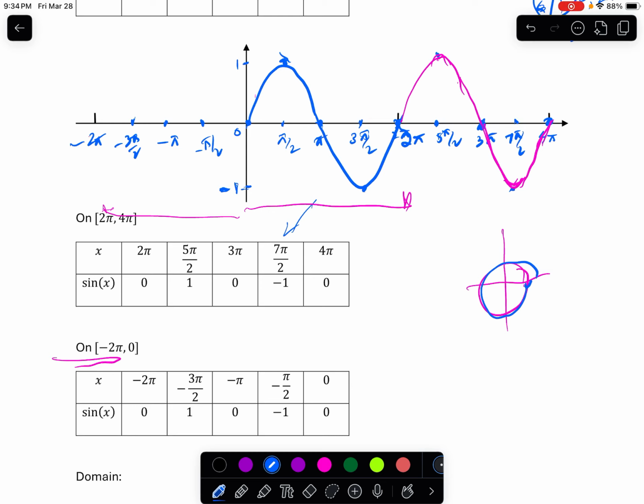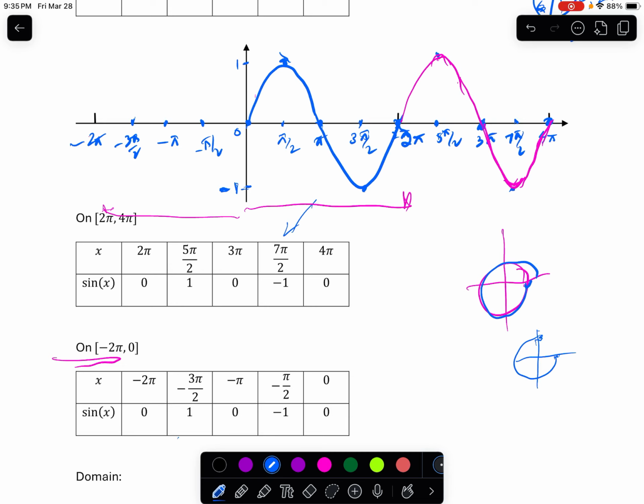So the value is 0. What is -3 pi over 2? So -3 pi over 2 will mean we start here, we go until here. This is -3 pi over 2. The value will be 1 because it is landing us at pi over 2.